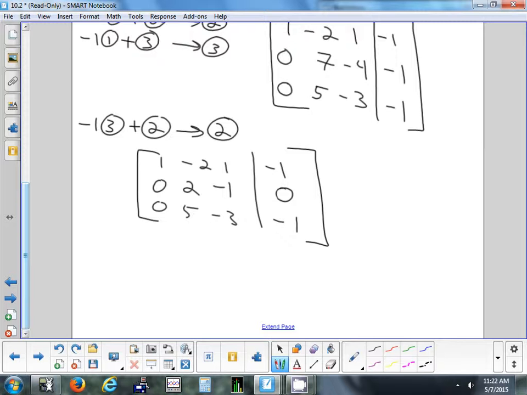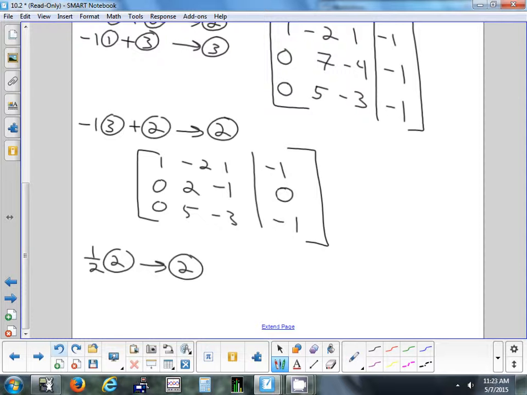Okay, so now I think we've avoided working with fractions as long as we can. We've got to get a 1 in this spot. What could I multiply row 2 by to get a 1 in that spot? Yep, 1/2. At least we're only multiplying by 1/2 and not 1/7. So we're going to take half of row 2, and that's going to replace what's in row 2.